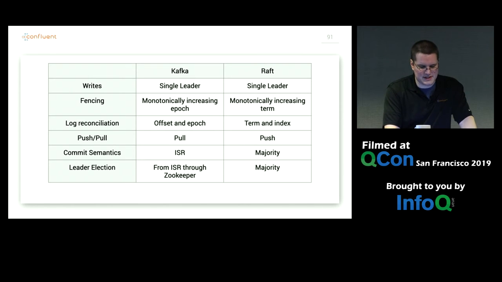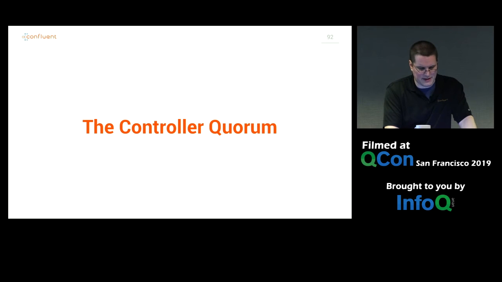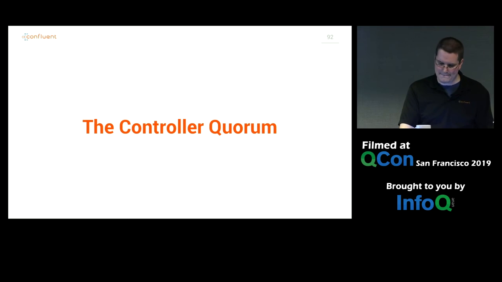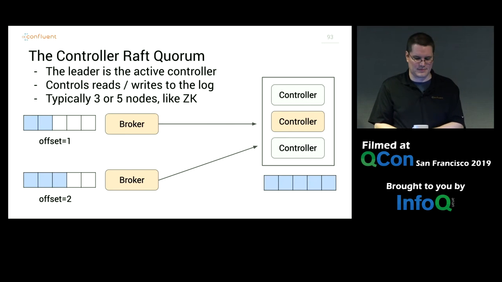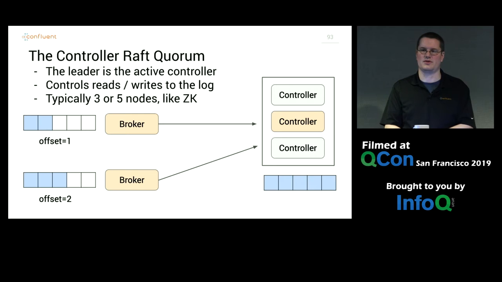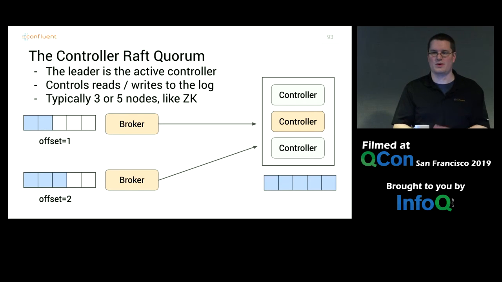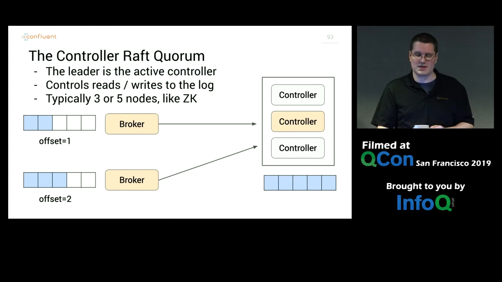So let's talk about the controller quorum a little bit more here. How do we choose the active controller? Well, first of all, why do we even have multiple controllers? The biggest reason is we want high availability. We want the ability to fail over when the controller fails.